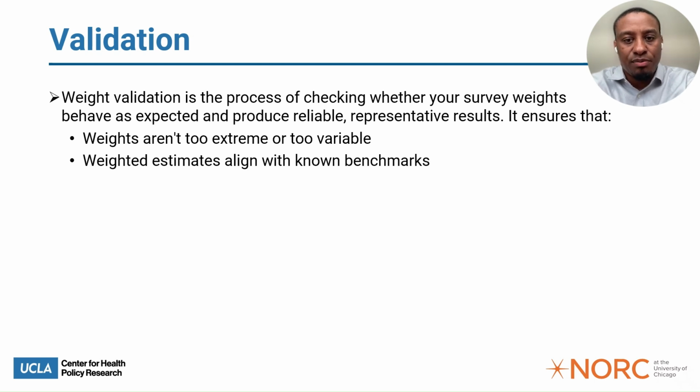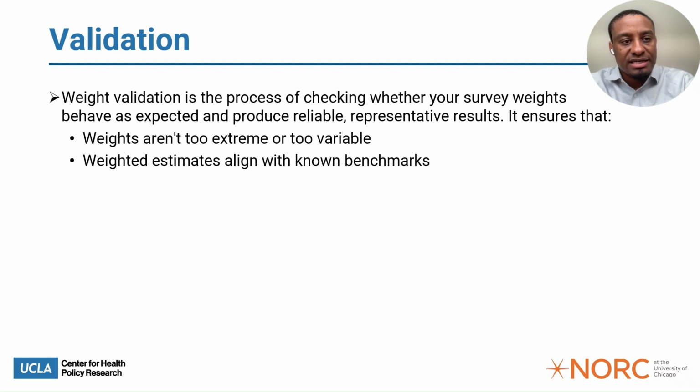After adjusting the sample weights, we need to conduct some validation before finalizing the weights. This validation will help us make sure that the weights behave as expected and produce reliable and representative results. Some of the validation that we can conduct on the weights are the following. We can check that the weights are not too extreme. We can also check that the weights are not too variable.